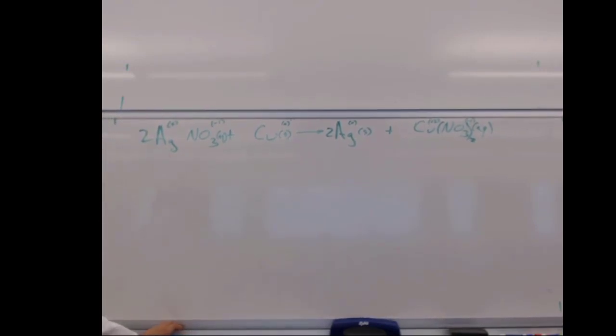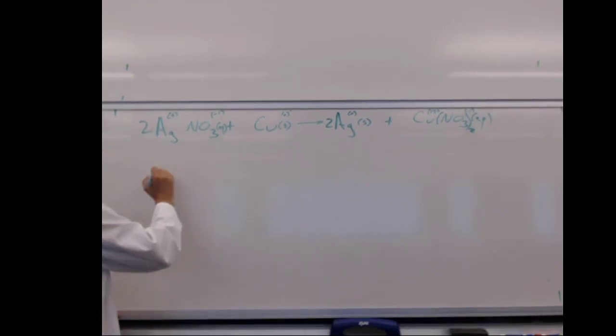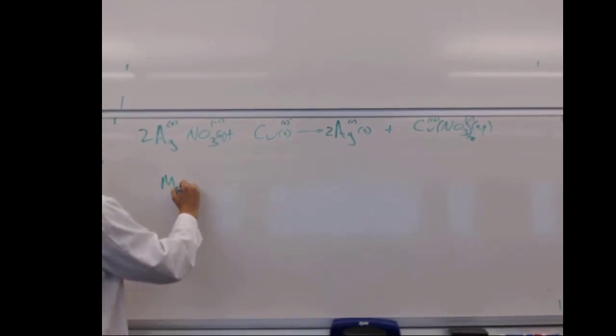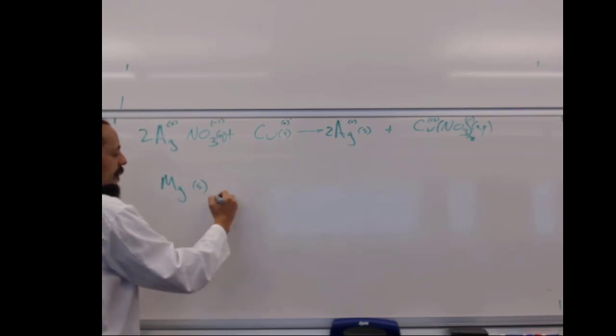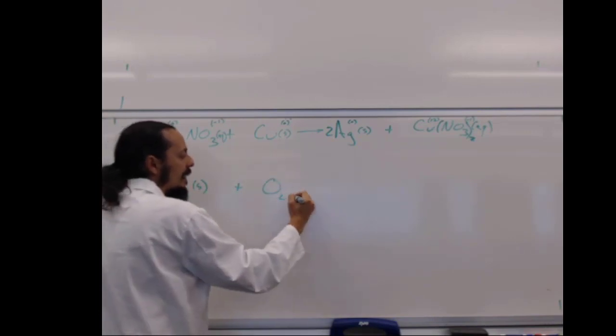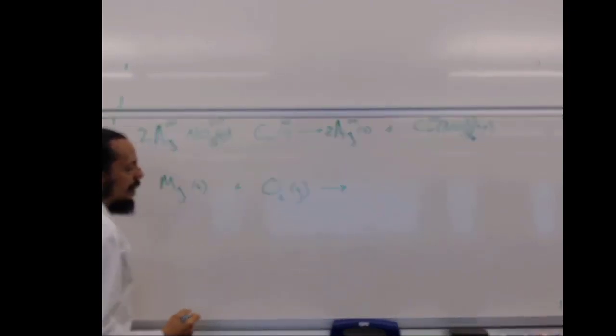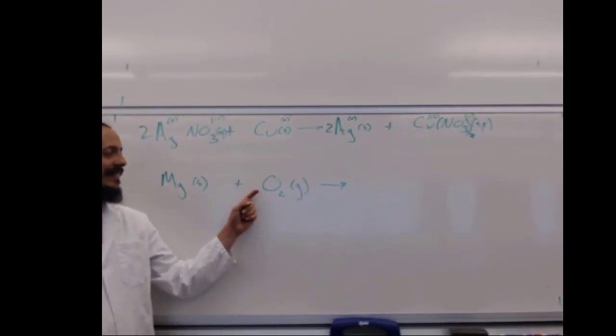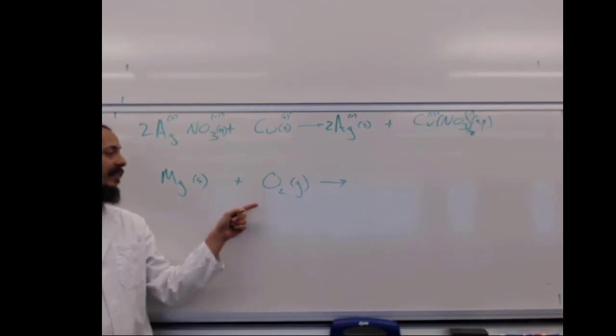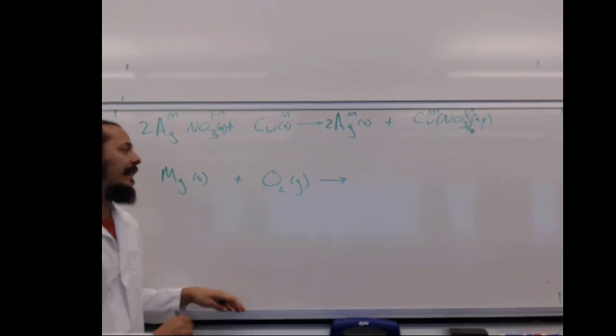Let's look at another one. Magnesium metal reacting with oxygen. Right, and whenever we say oxygen, since it's one of our diatomic gases, it's going to be O2 in its natural state.